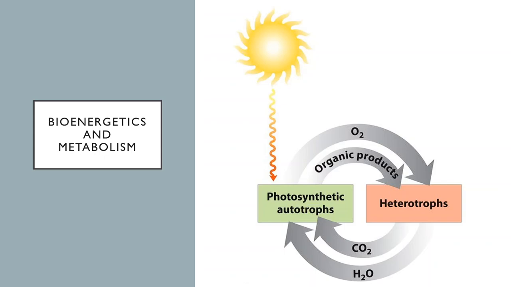So autotrophs, if they're photosynthetic autotrophs like plants, get their energy from the sun. But then in addition to energy, all organisms need a source of carbon, oxygen, and nitrogen. So for autotrophs, they get their carbon from carbon dioxide, mostly from the air, as well as water.